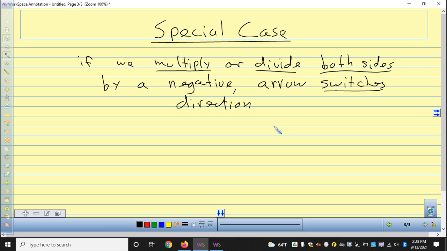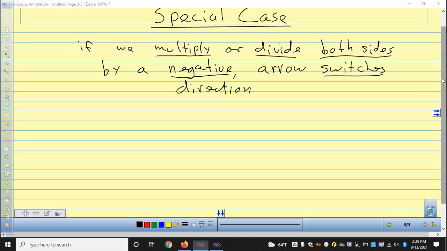So this is for multiplication and division only. When we multiply or divide both sides by a negative, the arrow switches direction. That's our one special rule for inequalities. And again, this is for multiplication and division only.